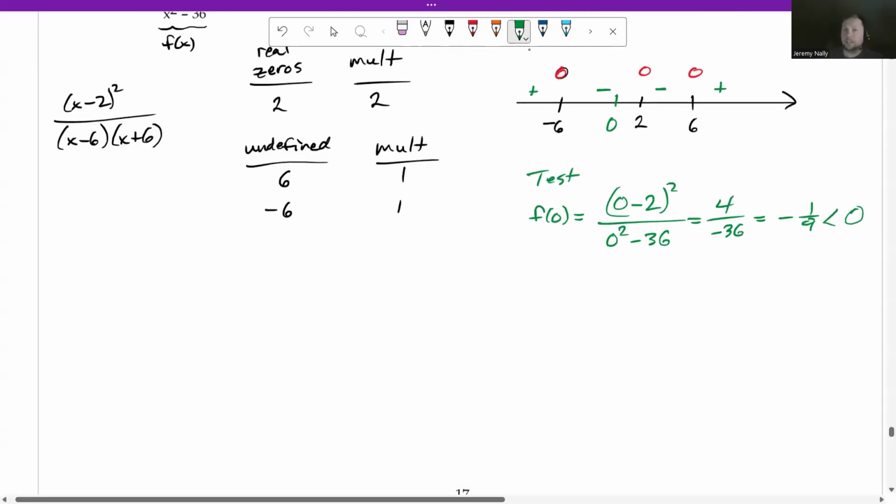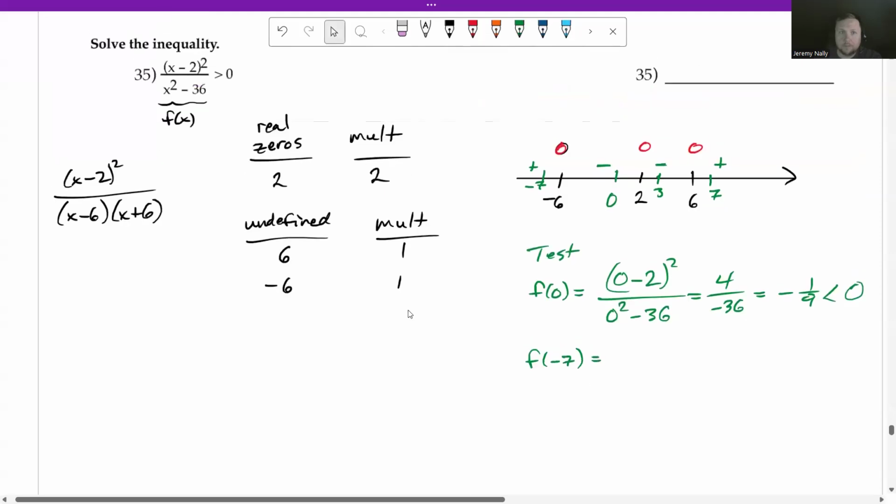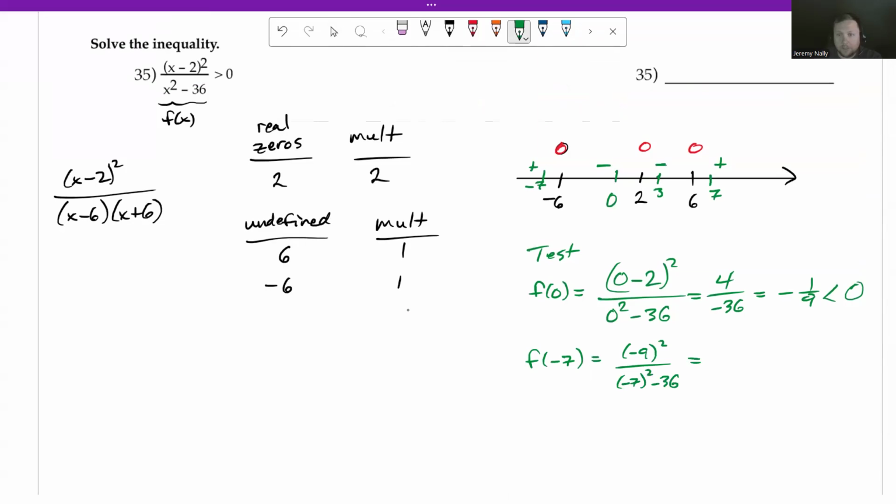Now, that's just the shortcut using the multiplicities. You could certainly also just go in with additional test values and just test all of those. So f of -7. So we'd have -9 squared over -7 squared minus 36.